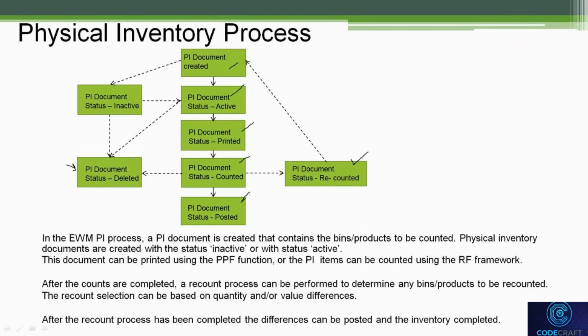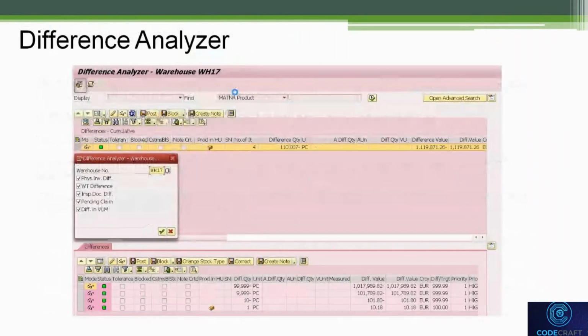We can continue to do the posting, and then for updating ERP, we use a transaction called difference analyzer. All your physical inventory postings are accumulated here. If you found something plus, or something negative for a particular product, everything gets accumulated here, and through the post you make a cumulative posting to ERP.